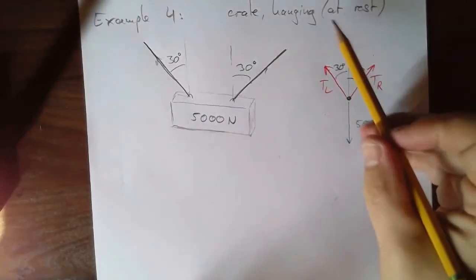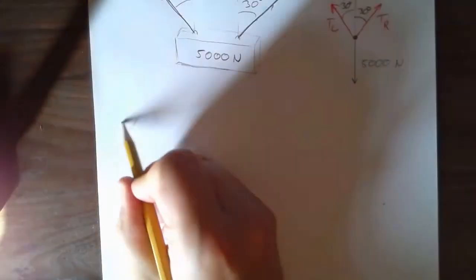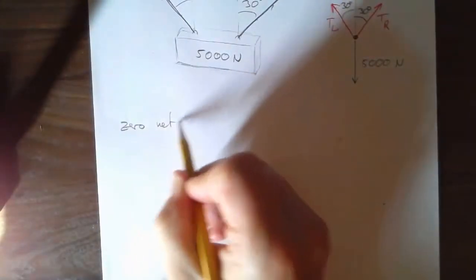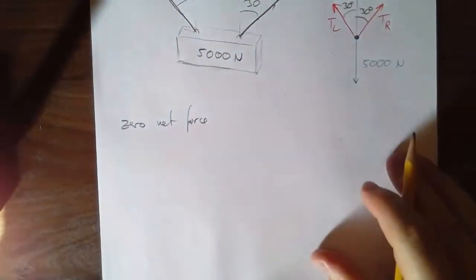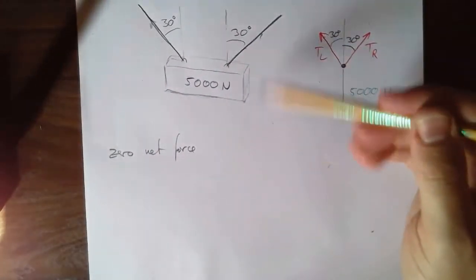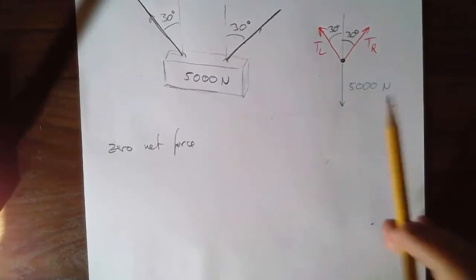Well, the object is at rest, right? So zero net force. And that is the case both horizontally and vertically, right? Forces are vectors.